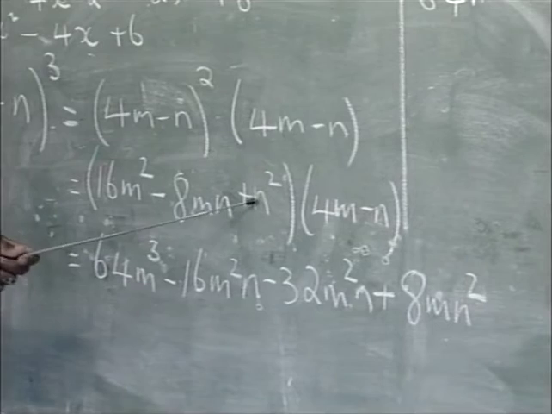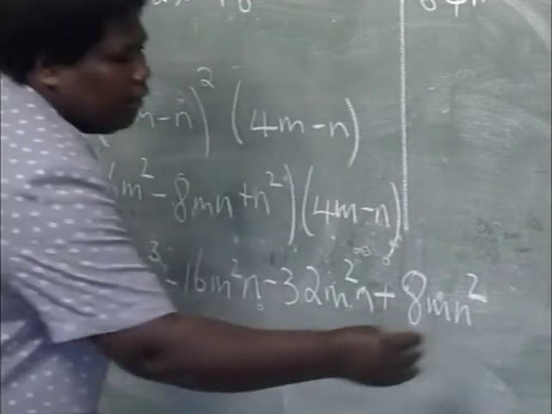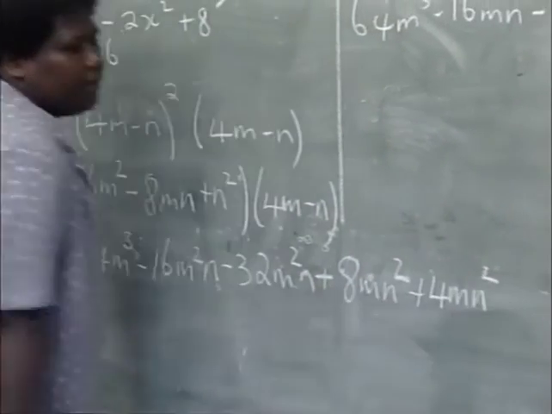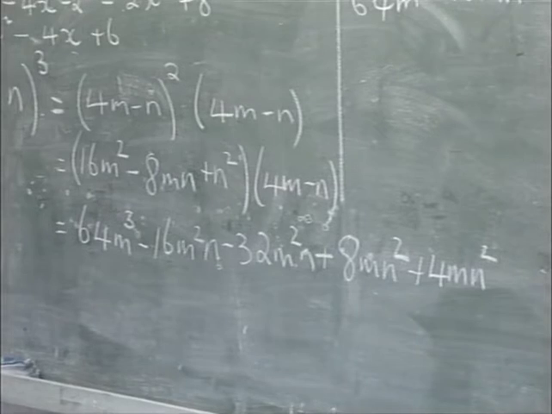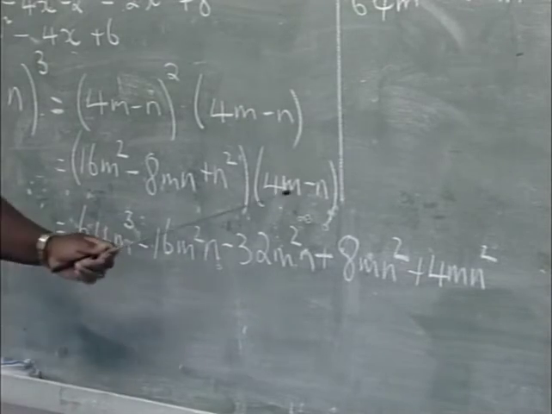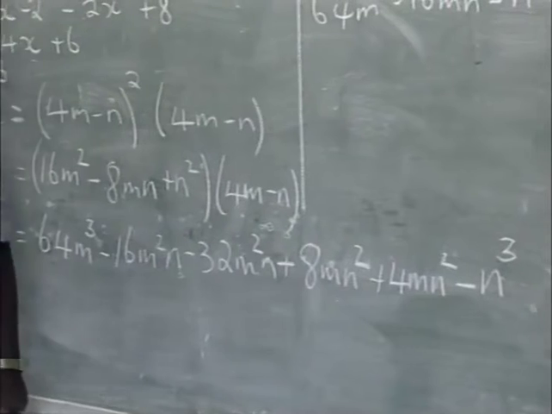I have to multiply n squared. N squared times 4m is 4mn squared. You agree? That's what the distributive law says. Everything in one set of brackets, I must multiply by everything in the other set of brackets. Okay, n squared times negative n is now negative n cubed.